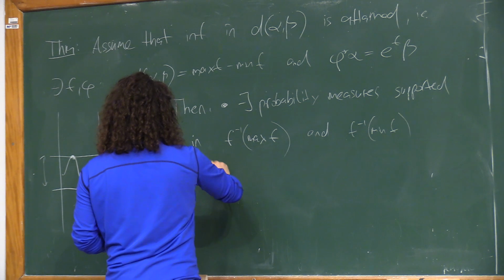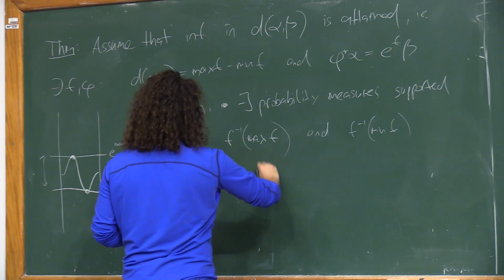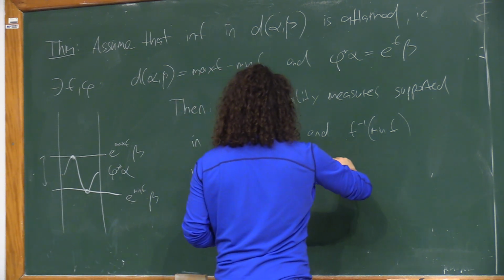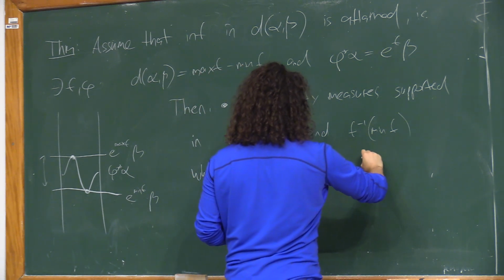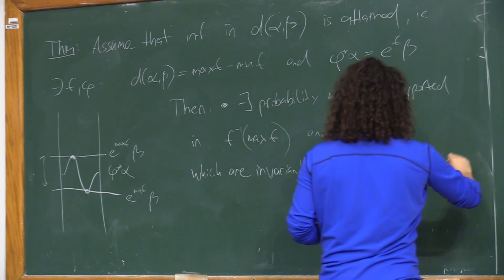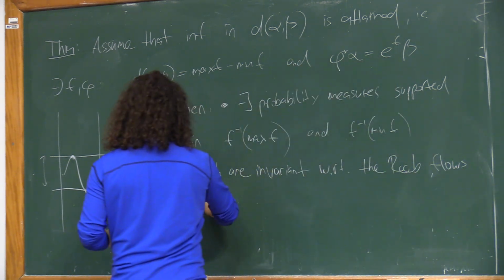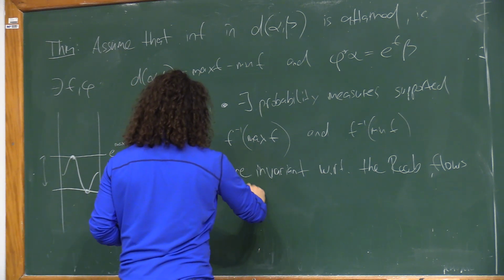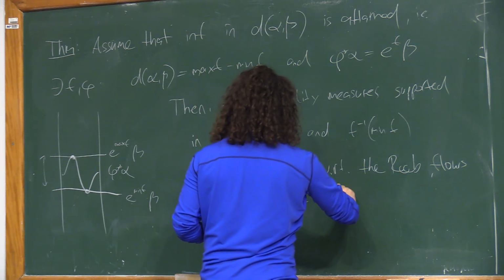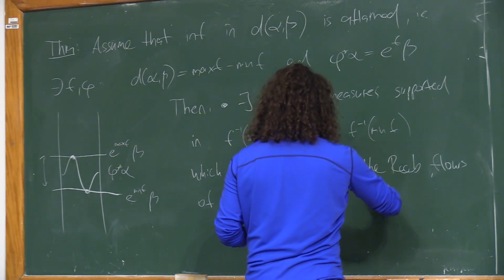They're supposed to be invariant with respect to the Reeb flows of both the contact form phi pullback alpha and the contact form beta.